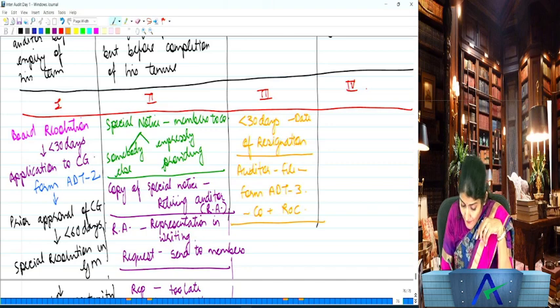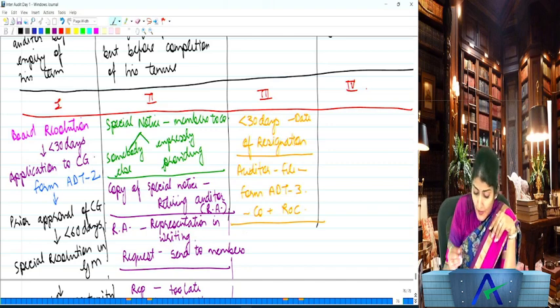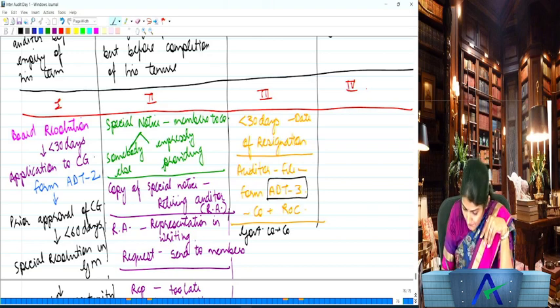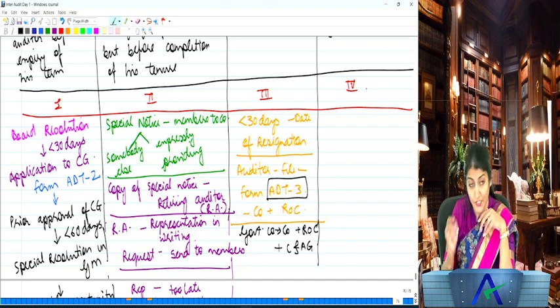And if you have resigned from the audit of a government company, then you need to file the form ADT3 with the company, with the ROC, and also with the C and AG.